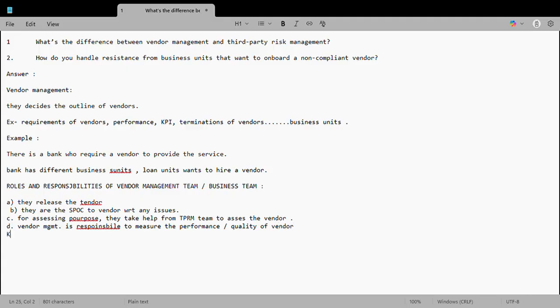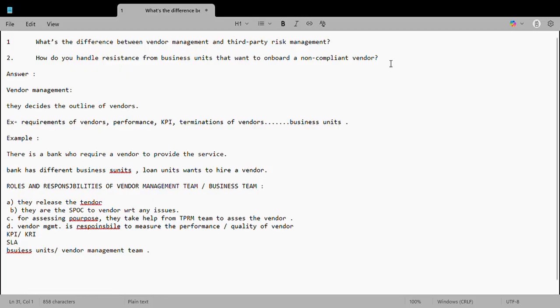They are responsible to manage the KPI, the KRI, and the SLAs. And by when the vendor needs to be terminated, who will decide? Business units, which means we can also say that the vendor management team decides when to terminate the vendor.